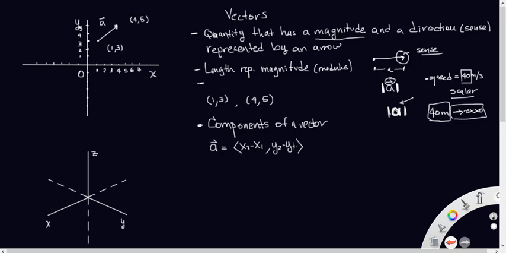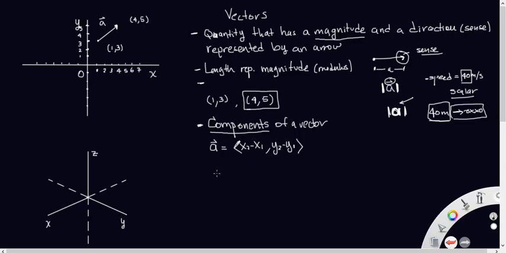And please do not confuse this with this, because with this notation we are describing only the location of a point in a coordinate system, and with these angle brackets we are describing specifically the components of a vector.